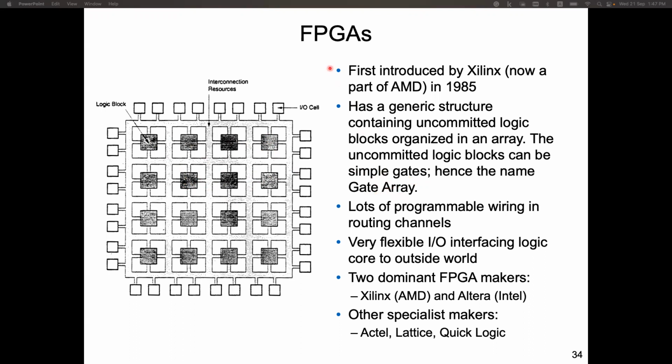The full name is field programmable gate array. So the gate arrays are in these blocks. And we also have lots of programmable wiring here. These channels, these spaces here, are wiring which can also be programmed. So logic blocks and the interconnect resources.